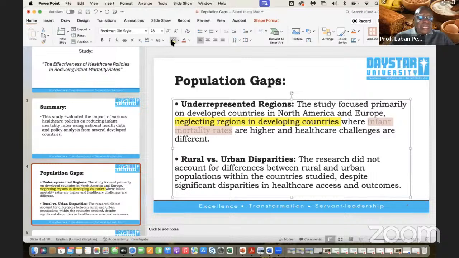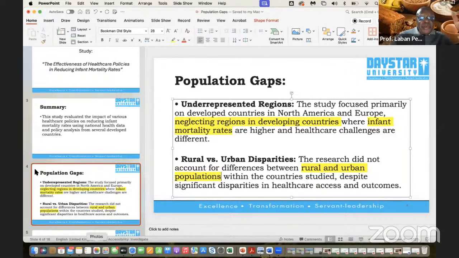Again, that is a demographic. Look at rural and urban disparities. The research did not account for differences between rural and urban populations. So obviously the gap you are chasing here relates to population.